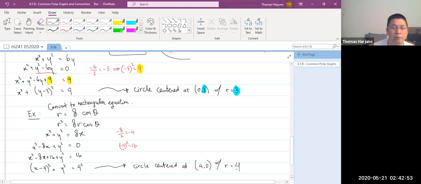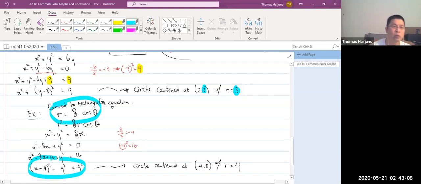Now, here's the thing. What I have done so far only gives you, oh, if this is the polar equation, then this will be the rectangular equation.